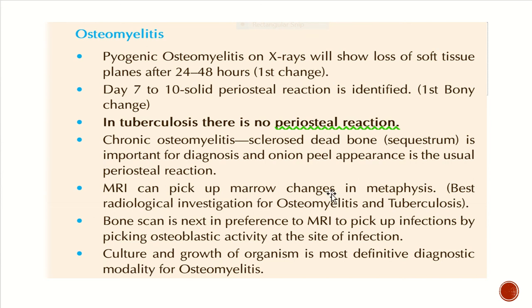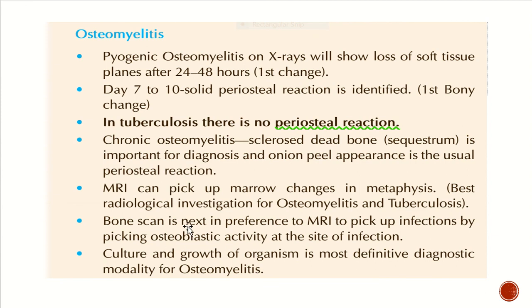MRI can pick up marrow changes in the metaphysis. The best radiological investigation for osteomyelitis and tuberculosis is MRI. Bone scan is next in preference to MRI to pick up infection by picking up osteoblastic activity at the site of infection.